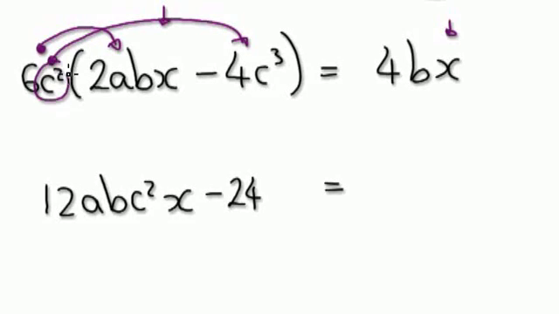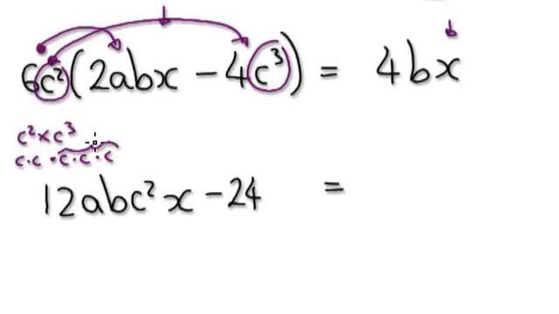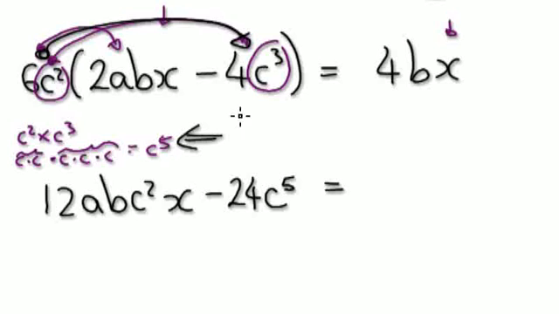Remember, c squared times c to the power 3 is like saying c times c, and then times c times c times c. This is the to the power 3, this is squared here. So in effect, you've got c to the power 5. So when you get this times this, it will be 24c to the power 5. If you don't understand this bit here, watch one of the earlier videos on indices.